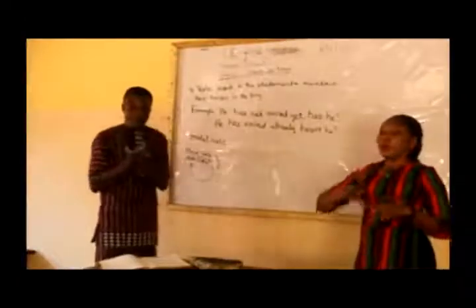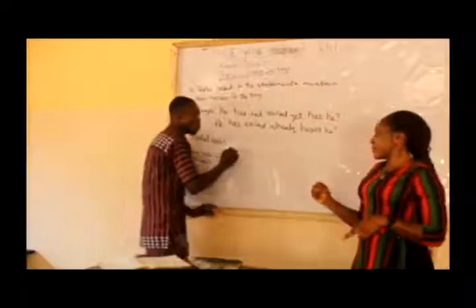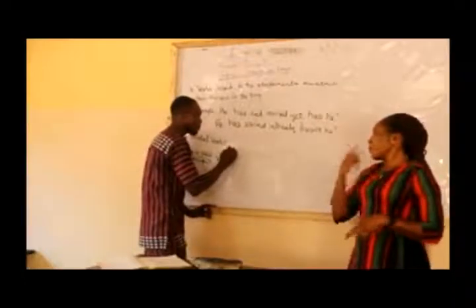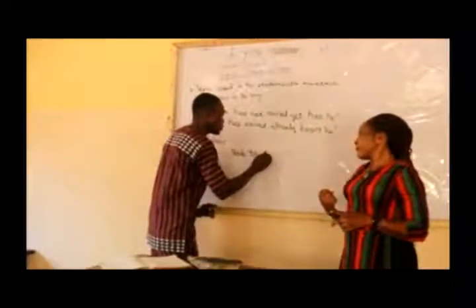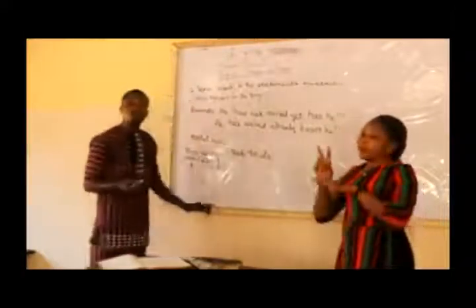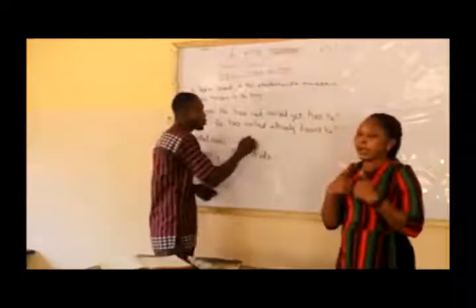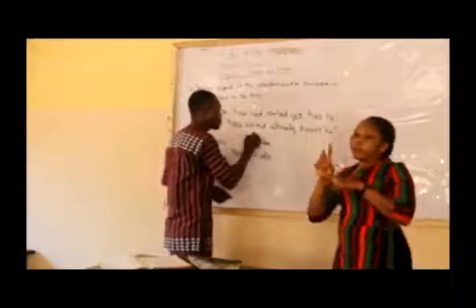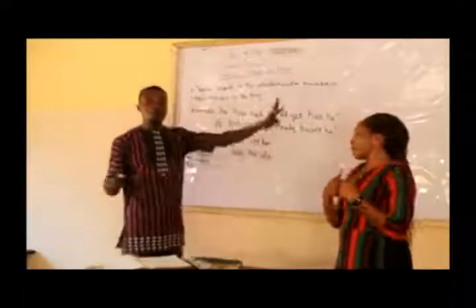Other verbs now, we use verbs from the verb to do. Remember that we have the verb to be, which contains is, was, are, and so forth.